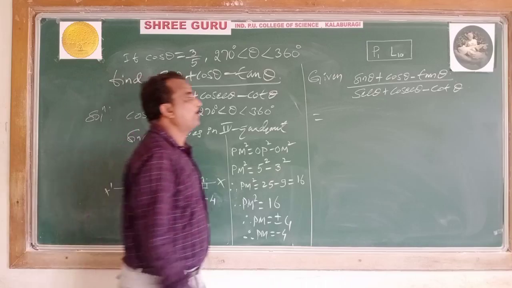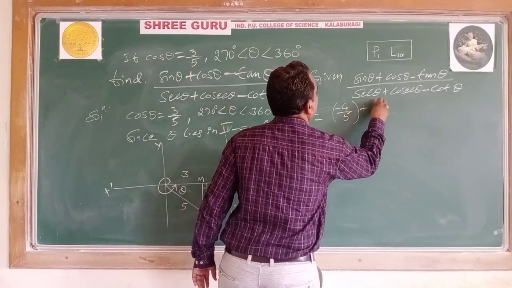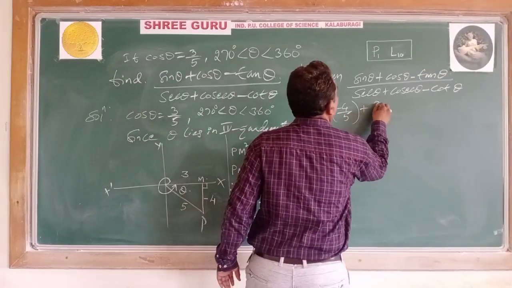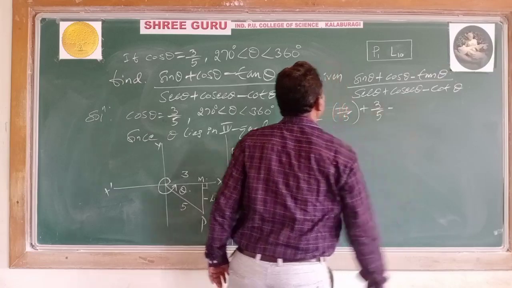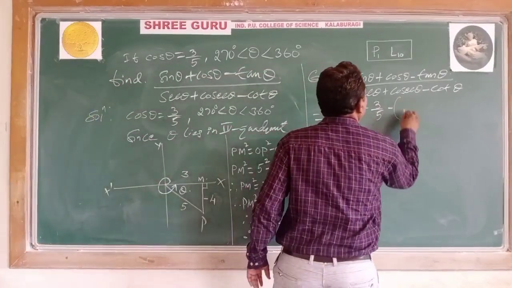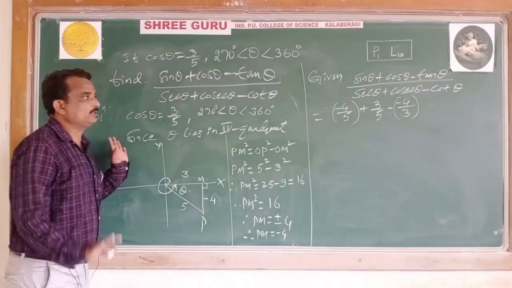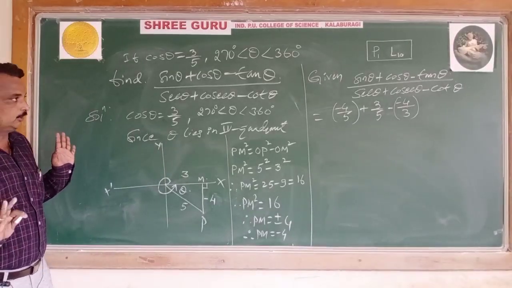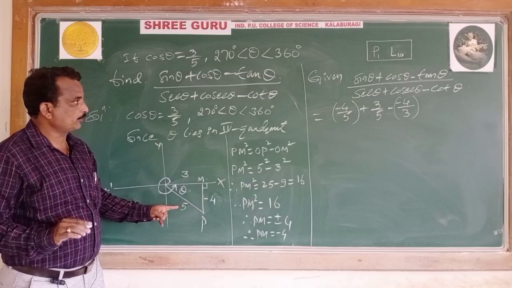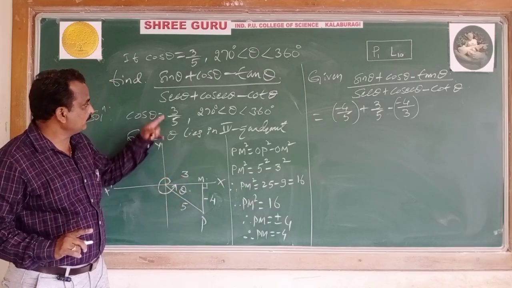Sine is opposite by hypotenuse, cos is adjacent by hypotenuse, which is 3 by 5. Tan is opposite by adjacent, that is minus 4 by 3. Is the numerator clear? Sin theta, opposite by hypotenuse, is minus 4 by 5, plus cos theta, adjacent by hypotenuse.